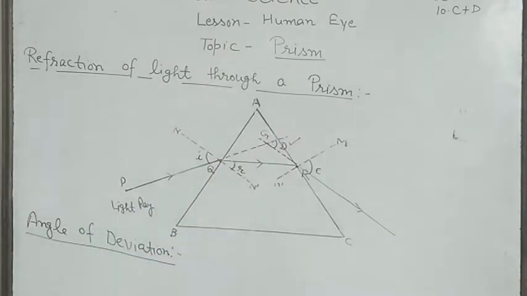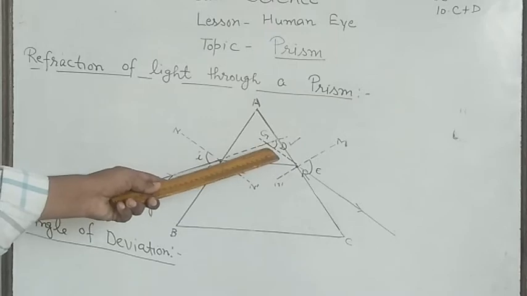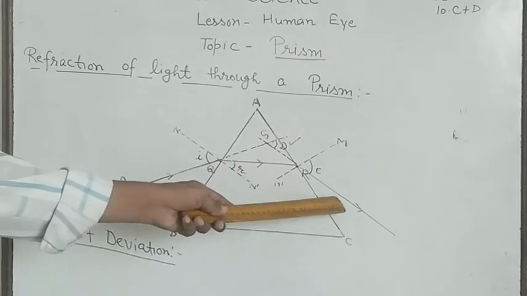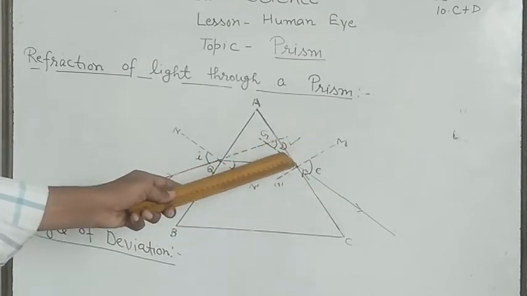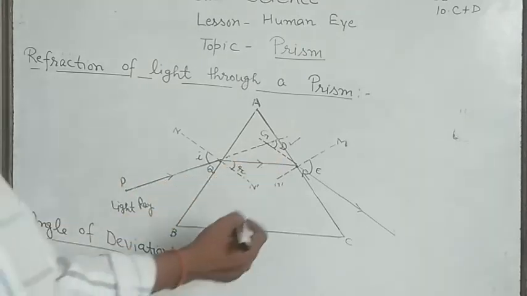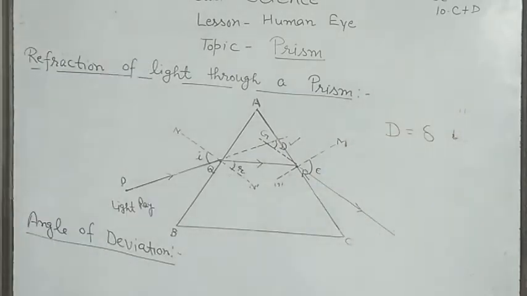D, angle of deviation. The angle formed between the directions of the incident ray and the emergent ray is called the angle of deviation. It is denoted by the letter D or delta.